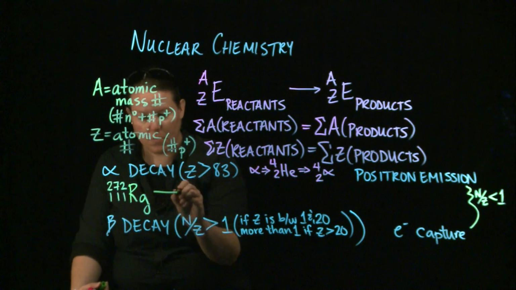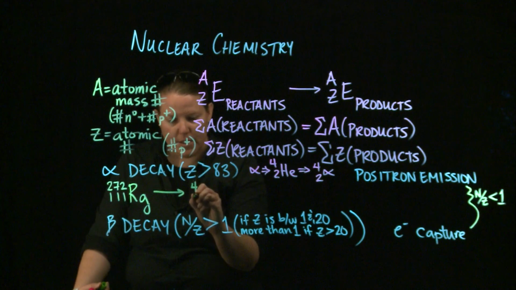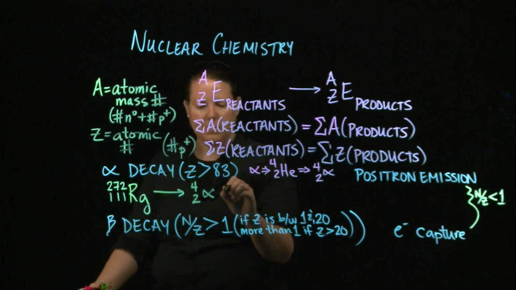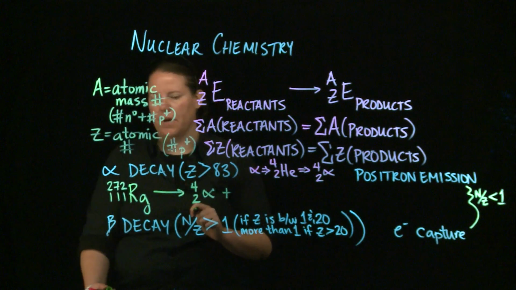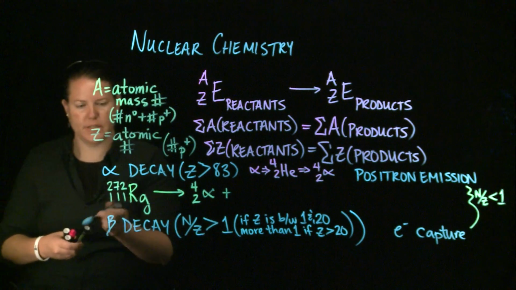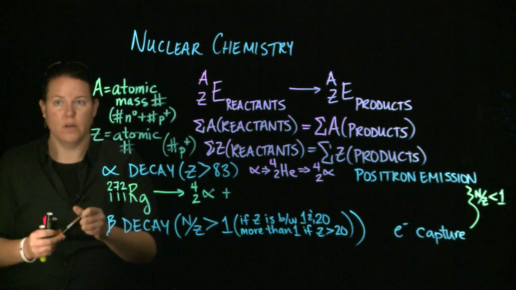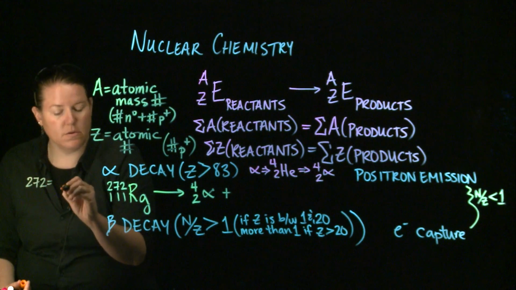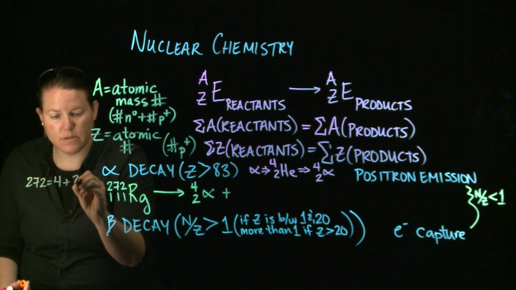Okay, so we know that this is going to alpha decay. Let's do alpha like this, just to be fun and interesting. All right, so there's my alpha. What I need to do is ask myself, on the side here, I'm going to do it in orange. 272 has to equal 4 plus some number.